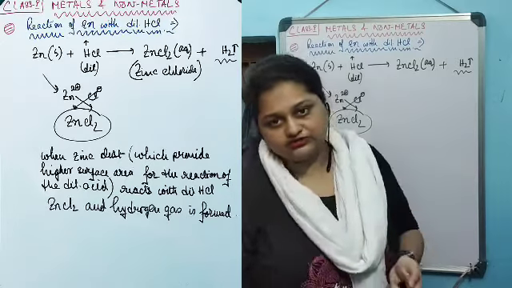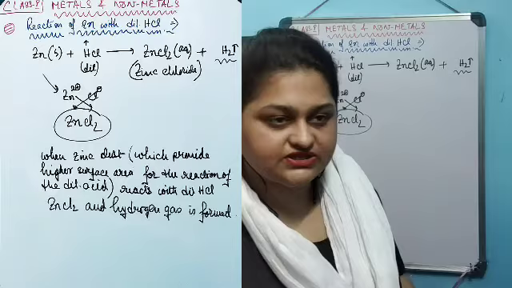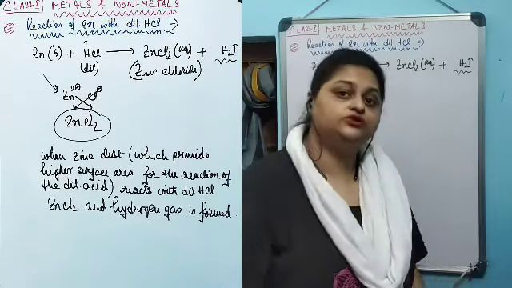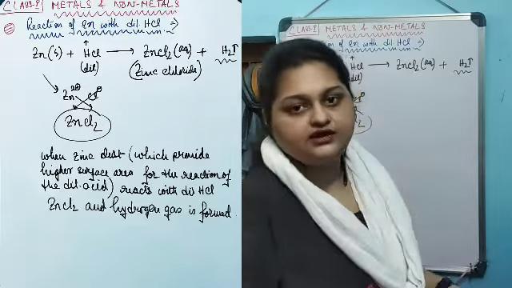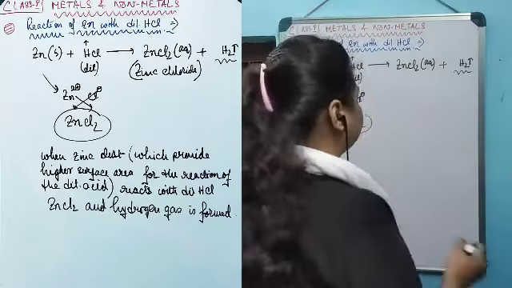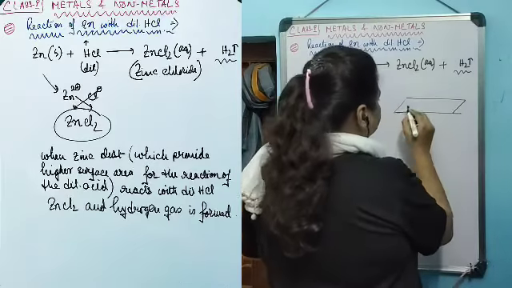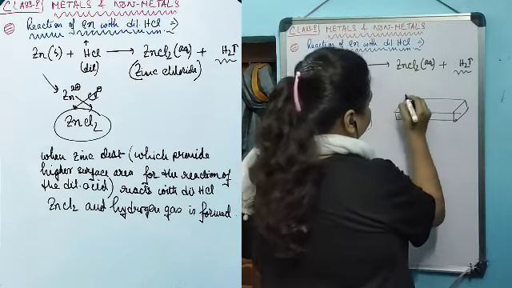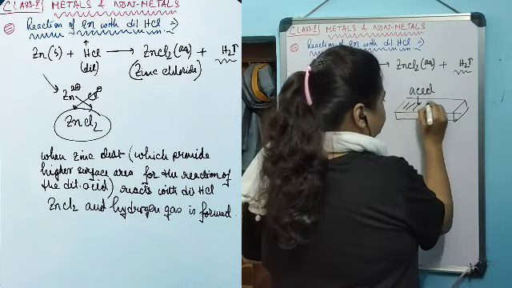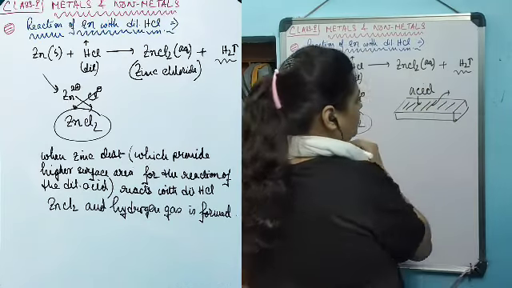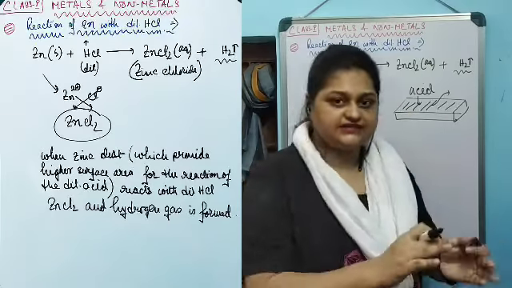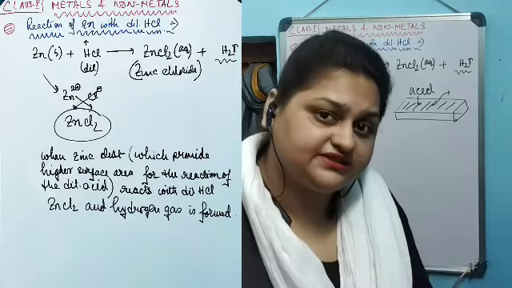Even if the zinc dust is used instead of granules, the reaction rate and the amount of hydrogen gas will be higher, because this reaction of zinc or any metal with dilute acid happens when the acid reacts with the metal surface and forms its salt. Thus this entire reaction happens on the metal surface.